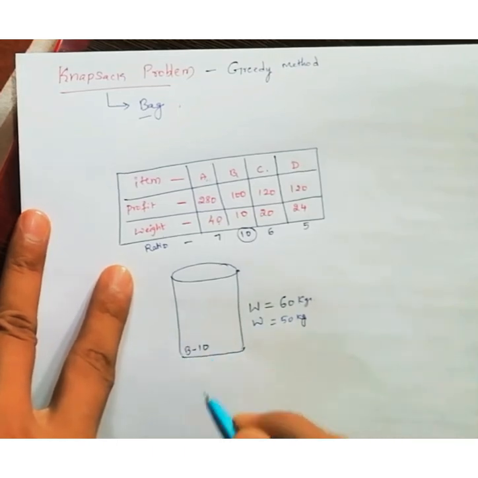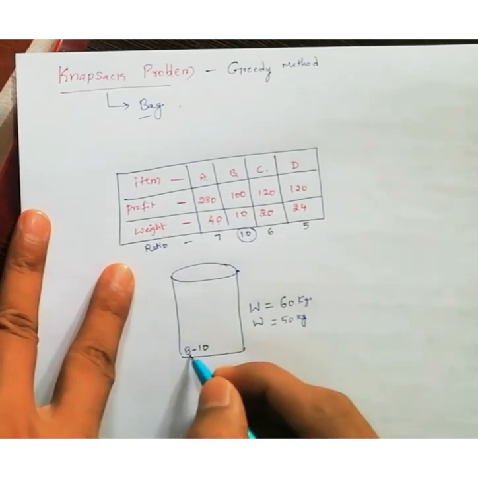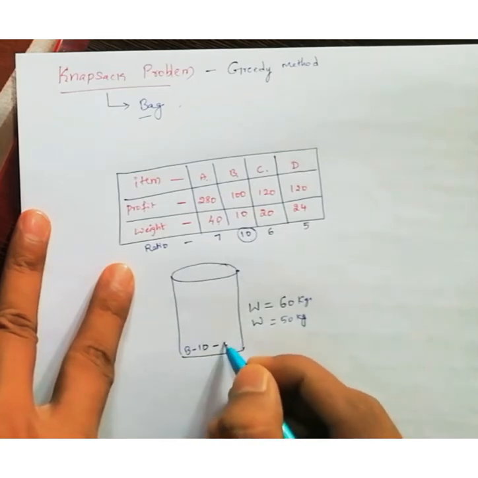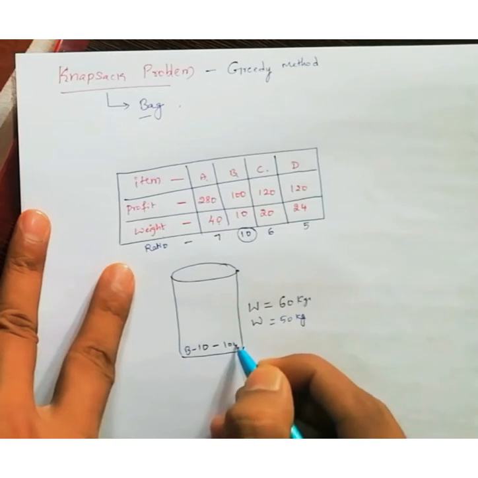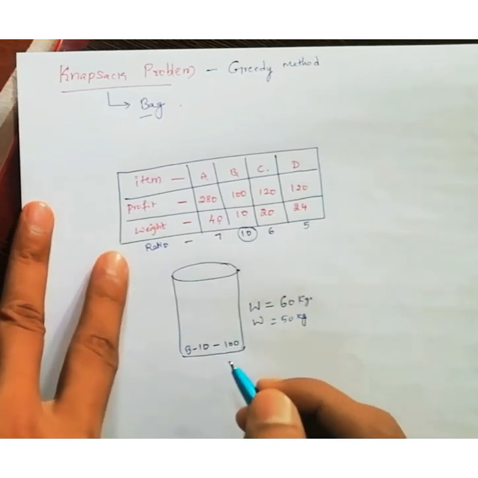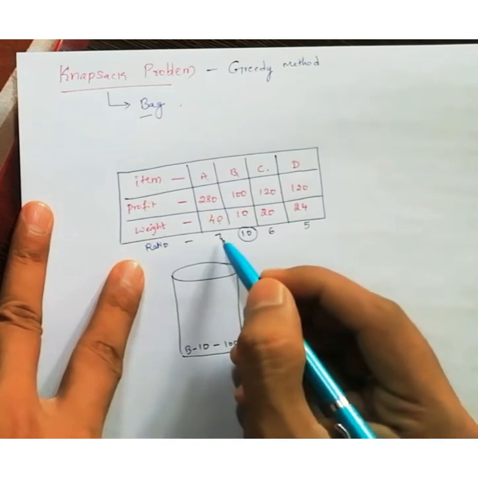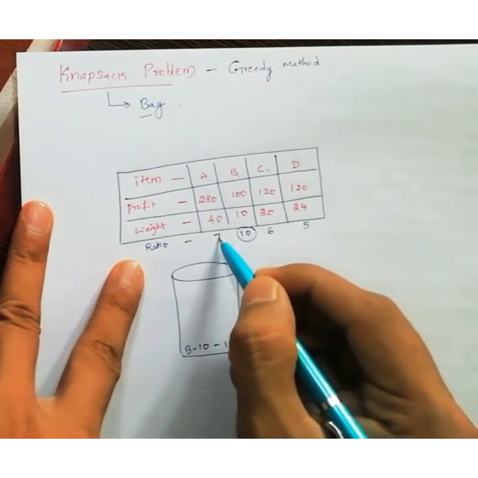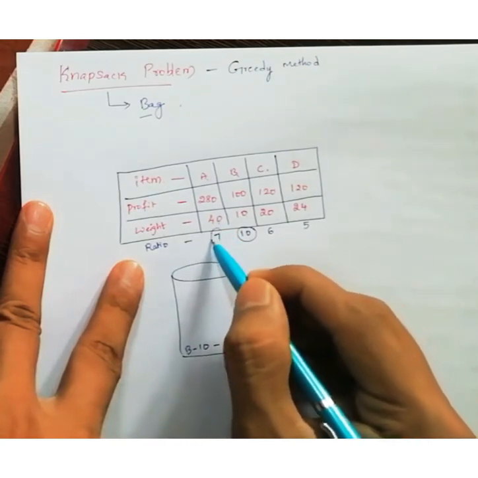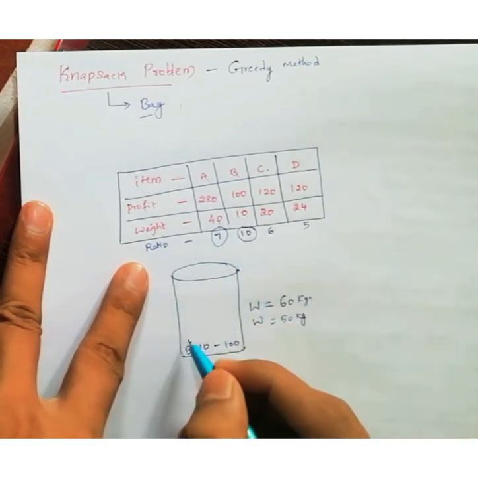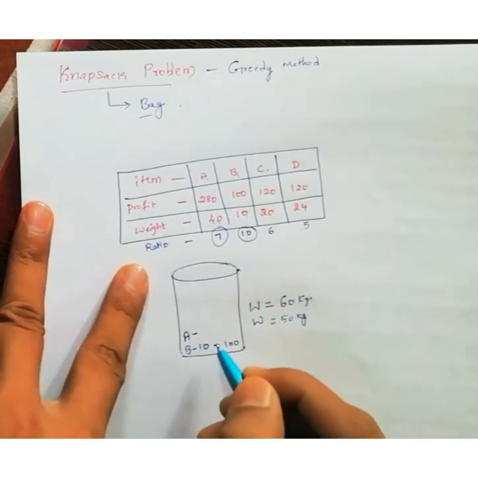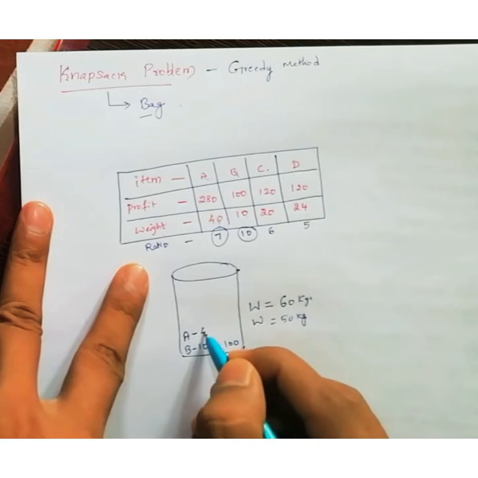B is inserted now. Its weight is 10 and the profit is 100. Next, which item do we insert? The next maximum profit per kg is from item A, that is 7. So I will select item A. What is the total weight of A? 40.